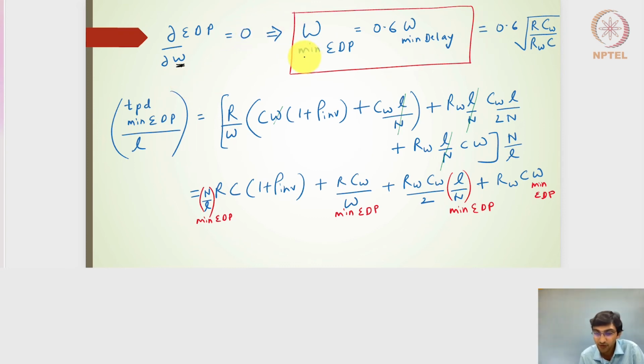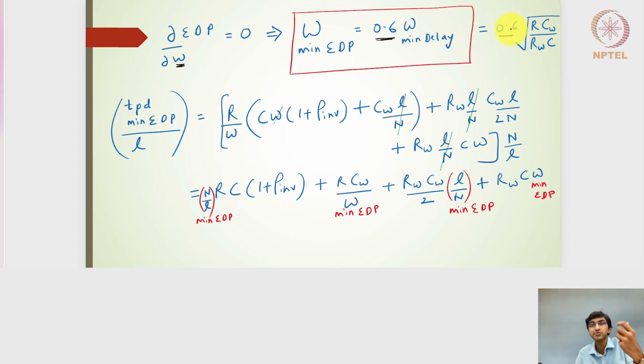It turns out that for achieving the minimum EDP, it should be 0.6 times the width for the minimum delay, so 0.6 multiplied by the optimized W for the minimum delay, which is the square root of RCW by RWCW. So whatever we achieved earlier in our previous example of 185.7 something, we multiply by 0.6.